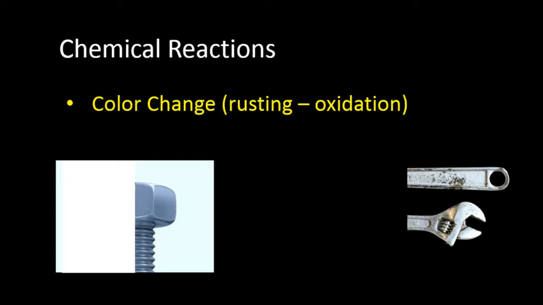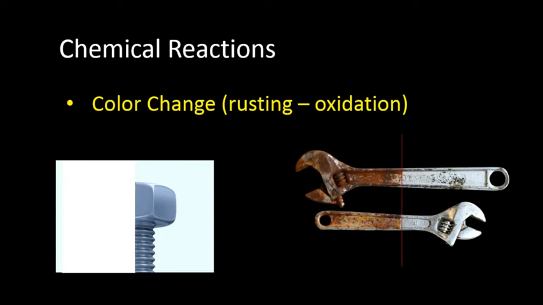And so we have the before and after here, where we have the wrench rusting out, and you can see the before on the right and the after on the left. And then the metal bolt, before and after, we have the before nice and clean on the right, and then on the left all rusted out.